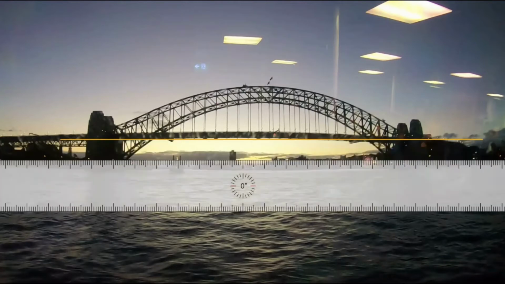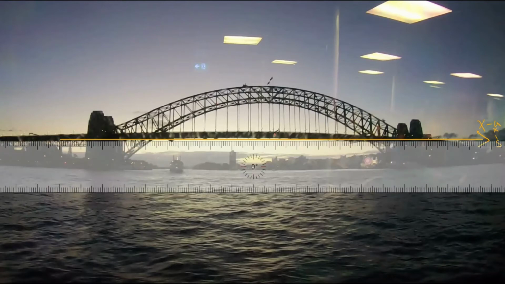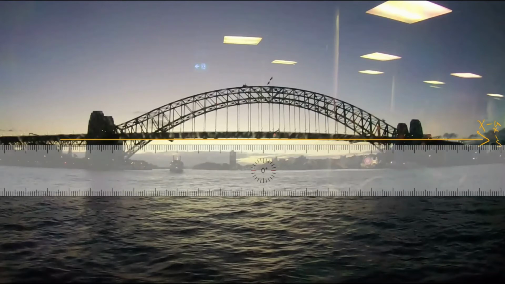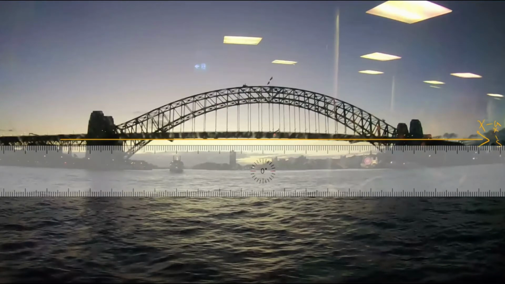So what we have is this is called the x-axis.